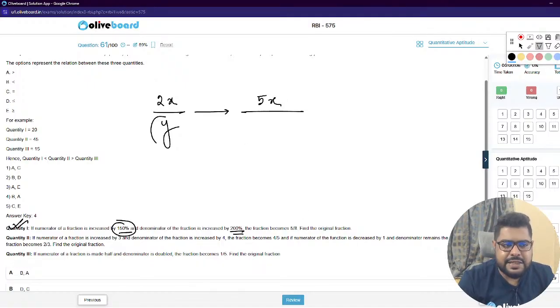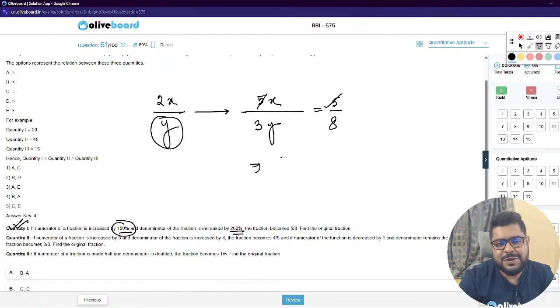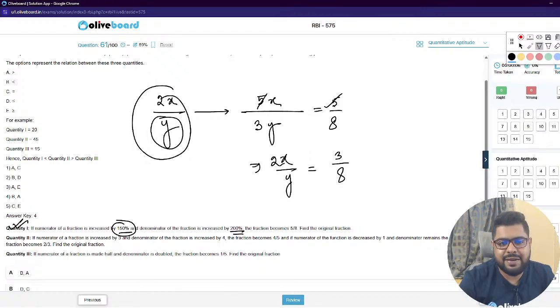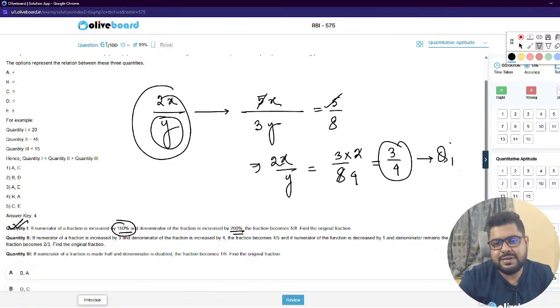The denominator is increased by 200%, meaning it becomes 300%, so this is 3y. This is equal to 5 by 8. 5 cancels, so x by y becomes 3 by 8. So the original fraction is 2x by y, so it becomes 3 by 4. This is the Q1 answer. What about Q2?